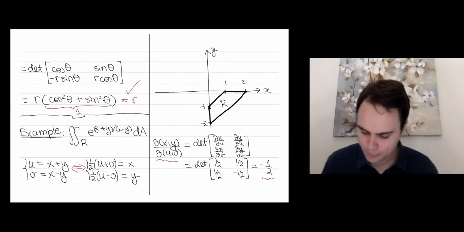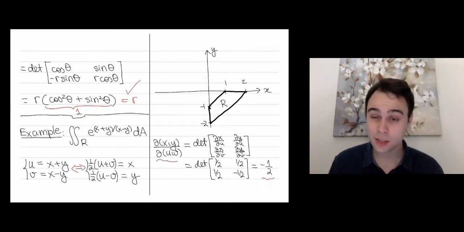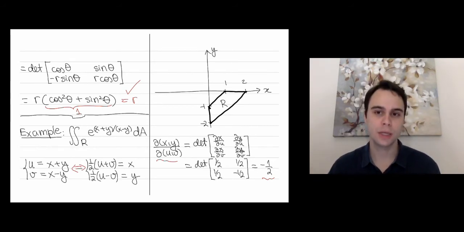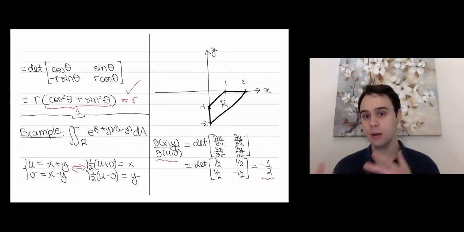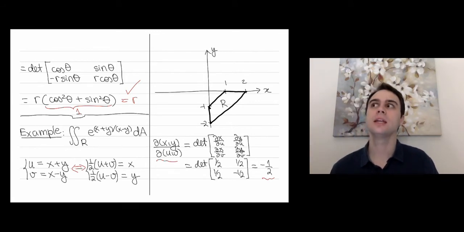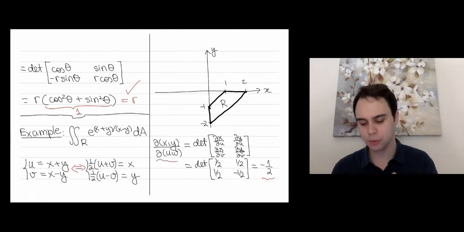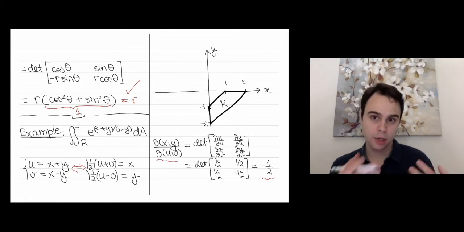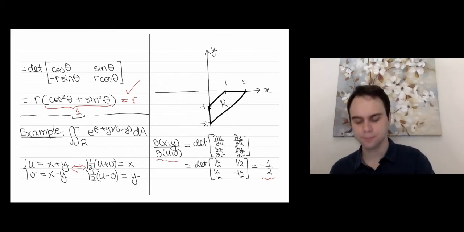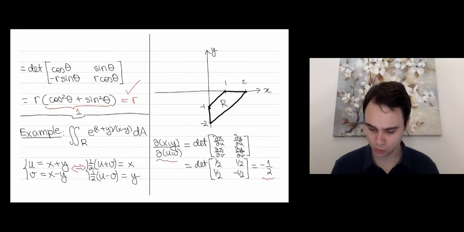To understand what the region S looks like, I'm going to use some equations to describe R, and then translate those equations to U and V. So just write a description for R in terms of X and Y, translate that description to U and V, and then try to understand that description in terms of U and V.